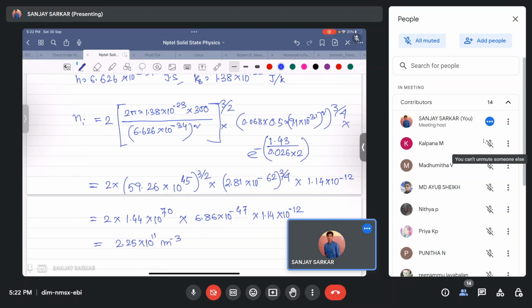What about others? Did you calculate it and find the same answer? Hello, can anyone confirm if you have got this answer or some other value? Sir, it will take time. Okay. So calculate it and tell me what is the value.